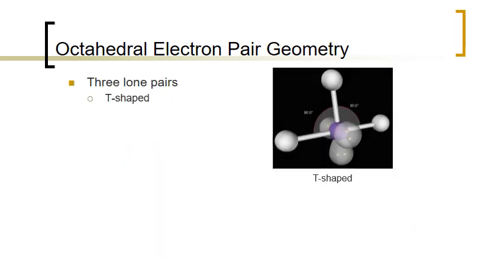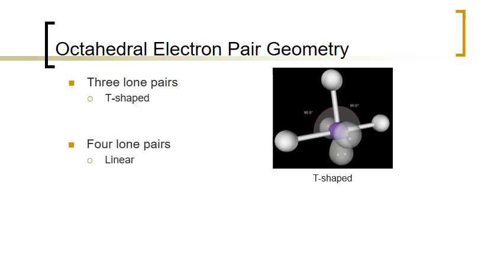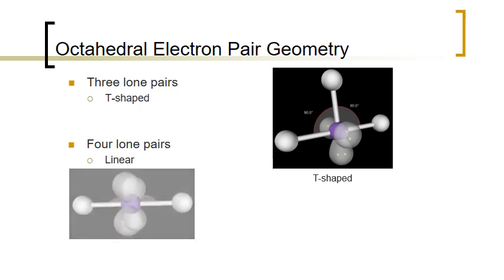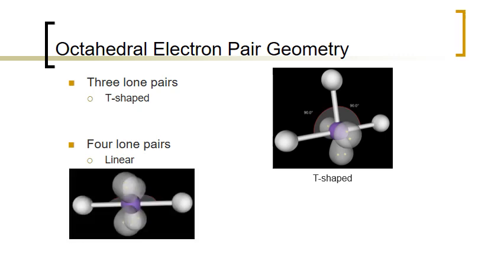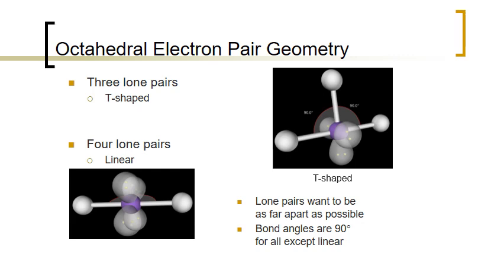If we have 3 lone pairs, that's a T-shape. Bond angle's 90 degrees. 4 lone pairs, like the trigonal bipyramid, that will be opposite of the previous lone pair. That will be a linear molecule. Okay, bond angles all 90 degrees except the linear. Of course, the straight line is 180.